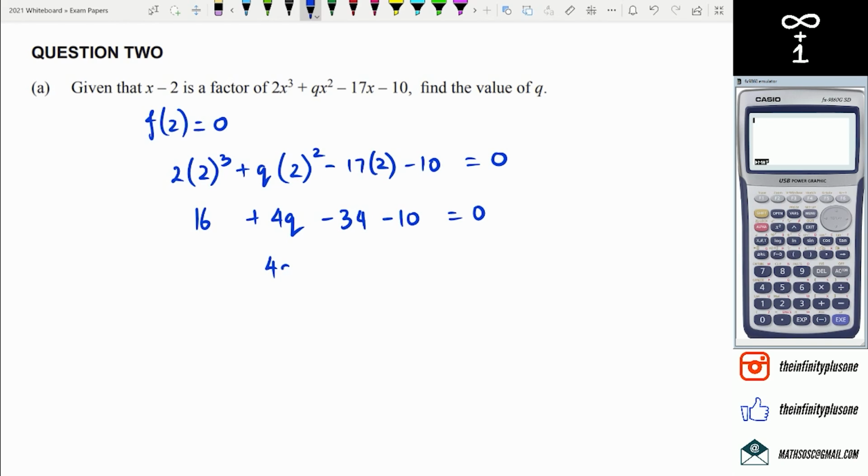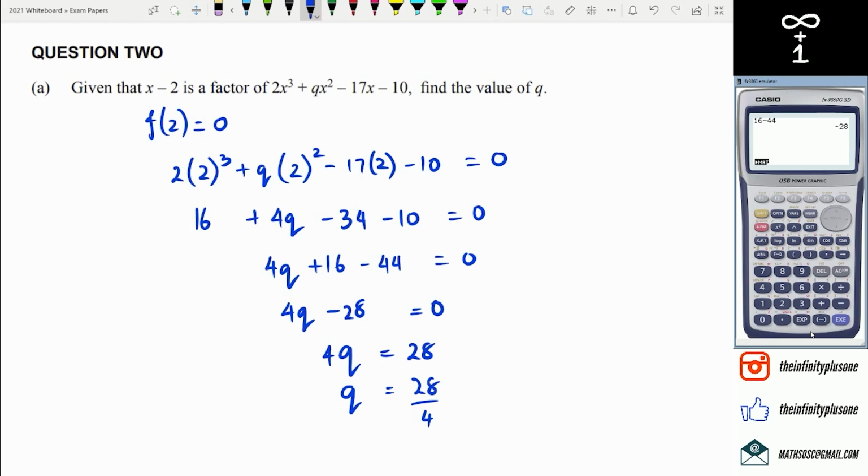So we've got 4q plus 16 minus 44 equals 0. And we got 4q minus 28 equals 0. Rearrange it. So we've got 4q equals positive 28, and q is equal to 28 over 4, which gives us 7. So, achieved. Question to kind of kick it off with.